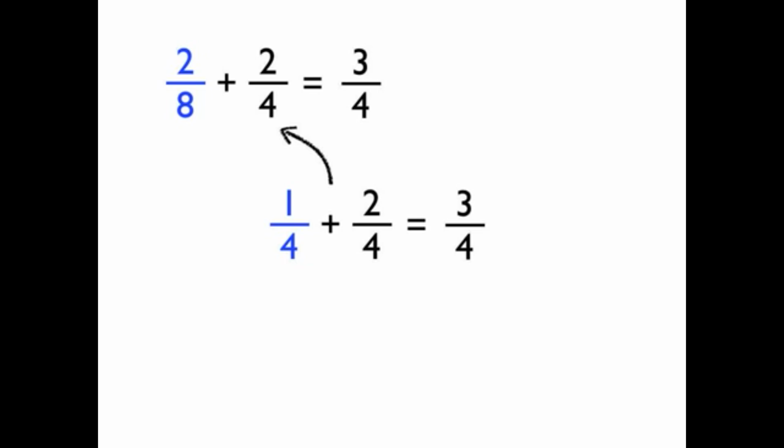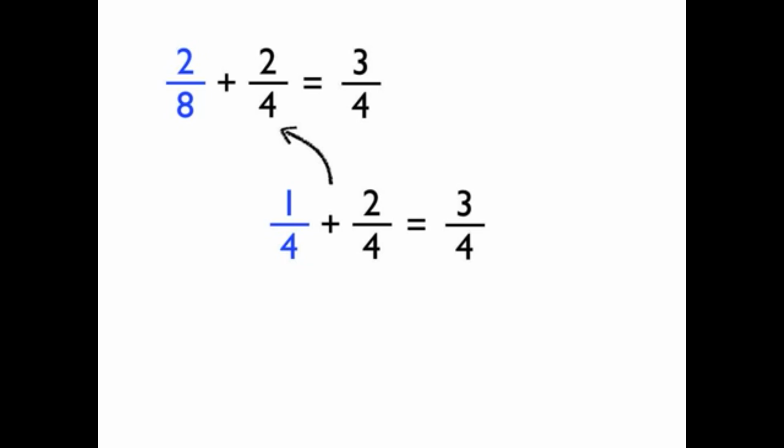Now 1 quarter and 2/8 are equivalent fractions. They're describing exactly the same size number. So if 1 quarter add 2 quarters is 3 quarters, 2/8 add 2 quarters must also equal 3 quarters. They must get the same answer because 1 quarter and 2/8 are exactly the same size number.